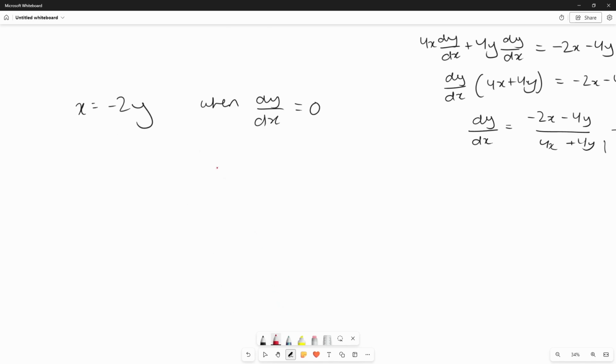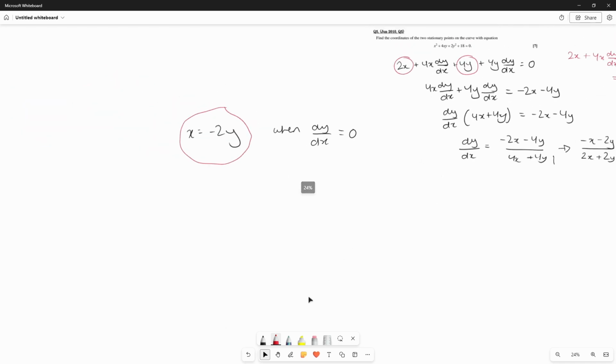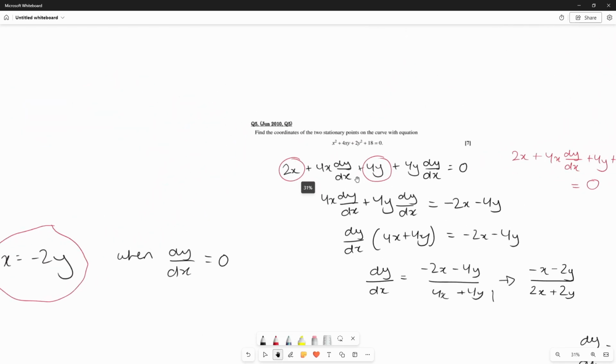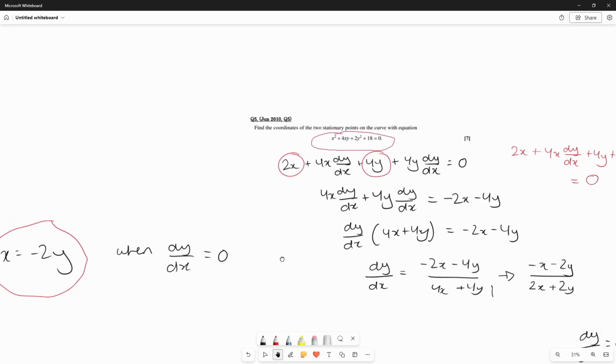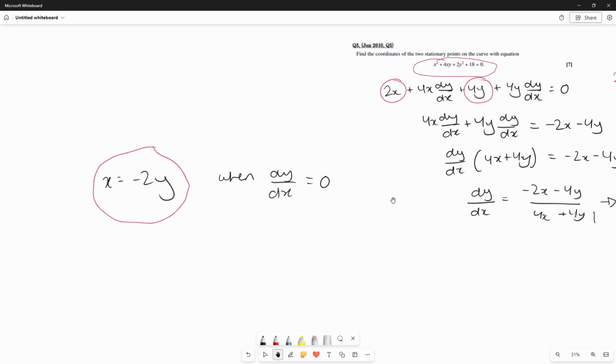We're going to substitute x equals minus 2y into the original equation. So when we do that, we're going to get minus 2y squared plus 4 lots of minus 2y times y plus 2y squared plus 18 equals 0.